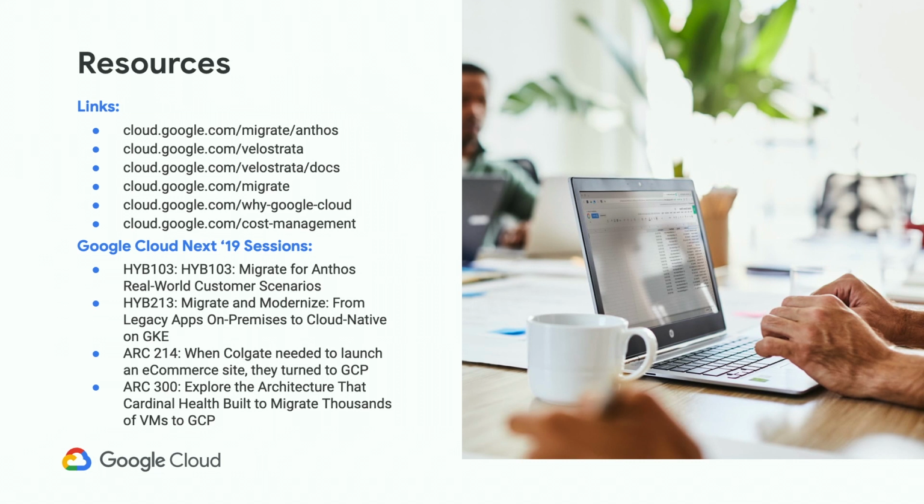I know there's Velostrata, and there's Migrate for Anthos. Can you quickly talk about what is the difference and what is the same? Sure. Velostrata was our team and our product initially, a Google acquisition from over a year ago.